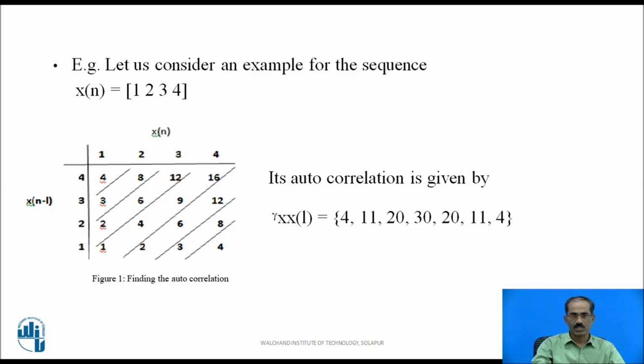Once you see the result rho xx of L, then 30 will be the central element or middle element. Then at 30 you are going to get the sequence symmetrical about the center element.